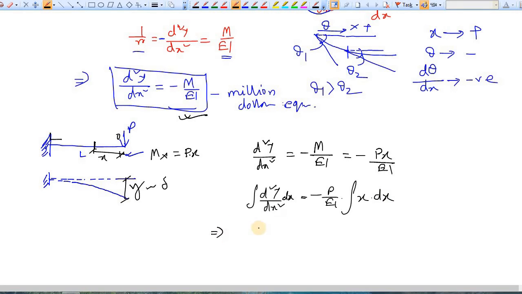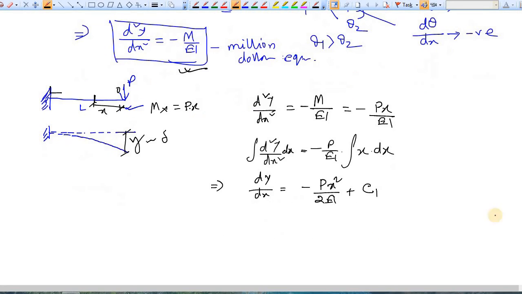So the left side becomes dy/dx is equal to minus Px square by 2EI plus an integrating constant, that is C1, and this dy/dx gives you the slope here or the tangent. This is your theta at this end, and when you apply x is equal to 0, you will get this theta. Well, what is C1?